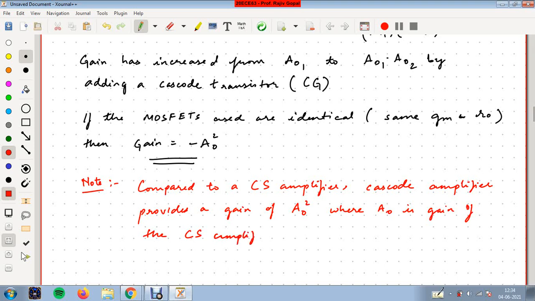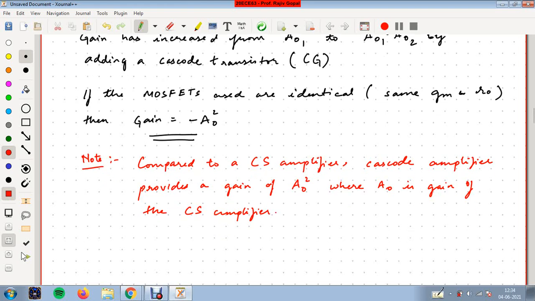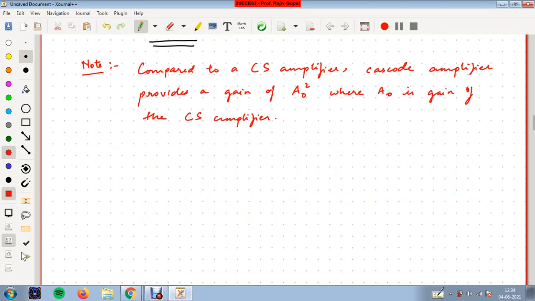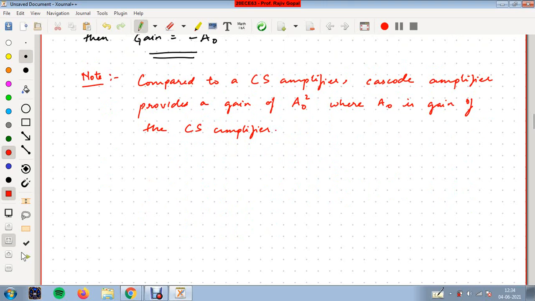Okay, so essentially a cascode amplifier will square the gain of your common source amplifier. Okay, that is what I meant to say. Right. So this is a very important feature when it comes to cascode amplifier. Right. So these are the two statements which we summarized in the previous class.